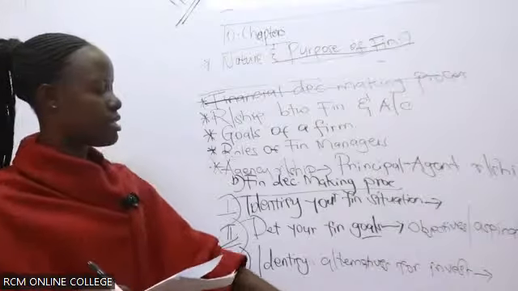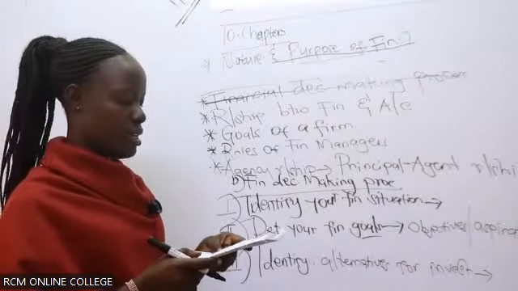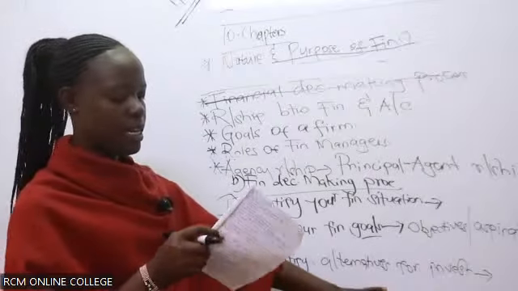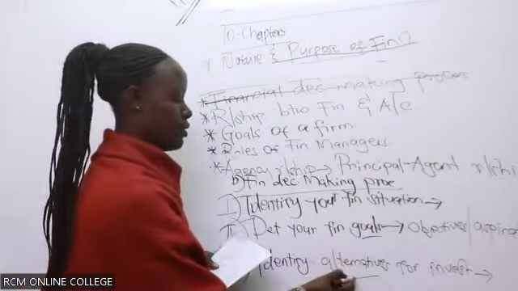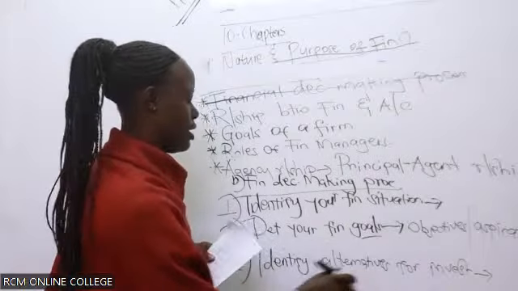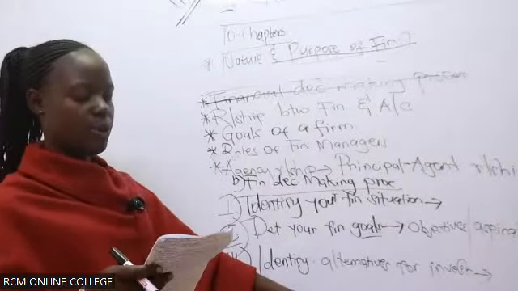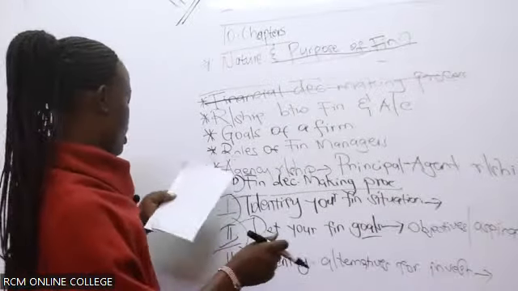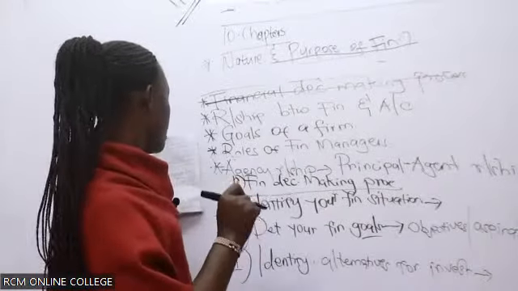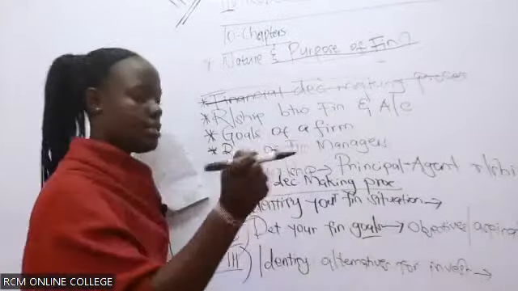Here, financial planning selects its alternatives. You identify and plan for your alternatives and present them in order to determine which one will suit your financial decisions.